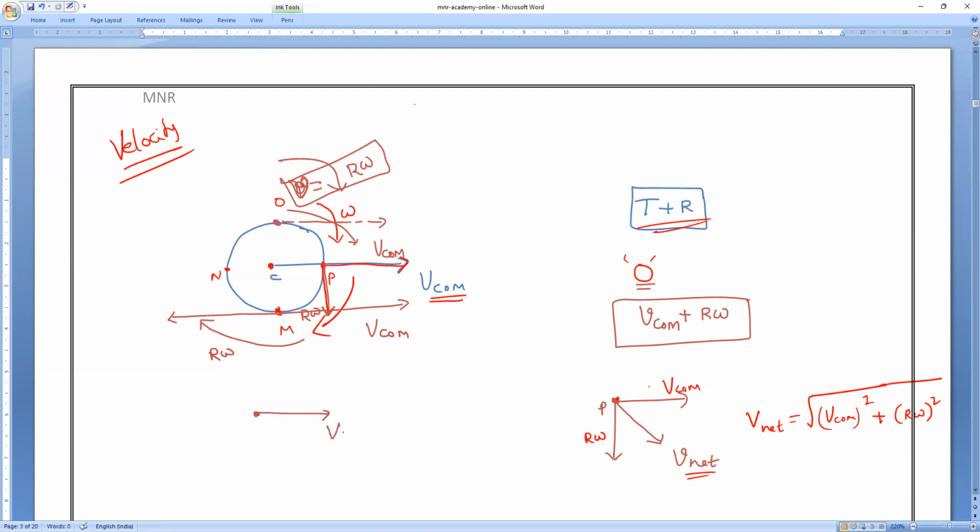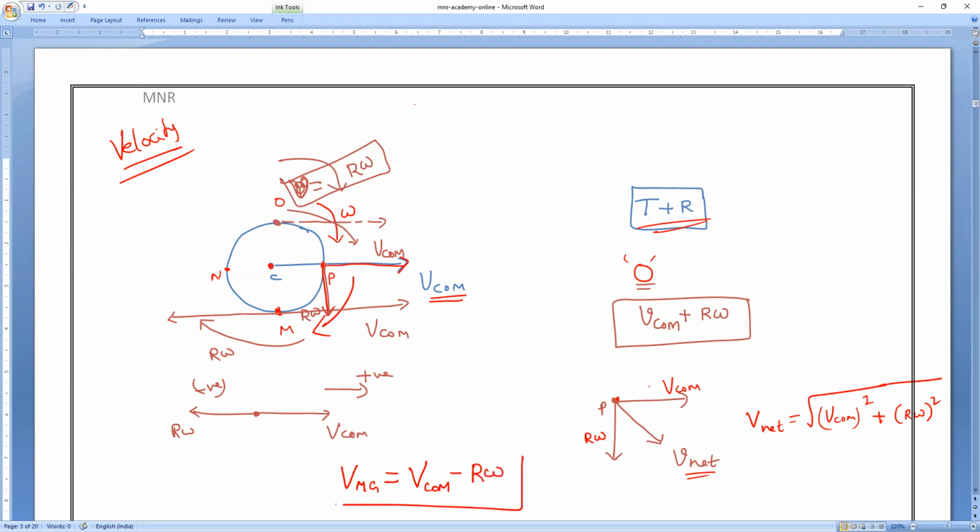The body is moving forward, so this is positive and this is negative. So the net velocity of particle M with respect to ground is equal to the velocity of the center of mass opposite, guys. So minus or plus?